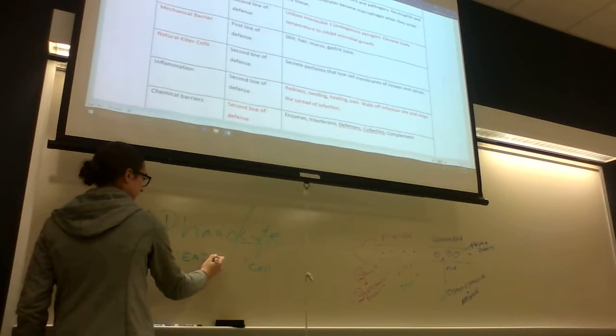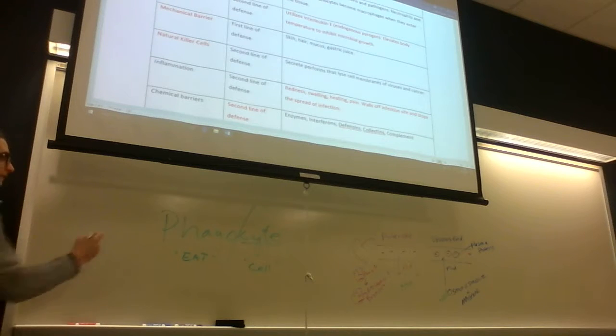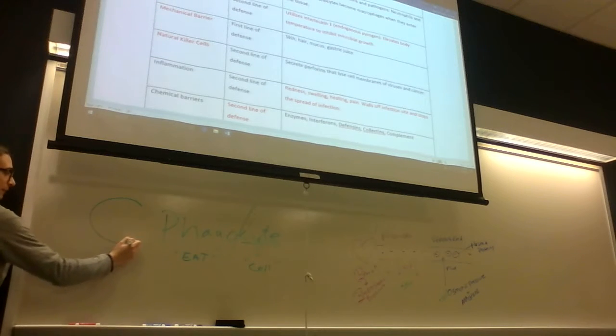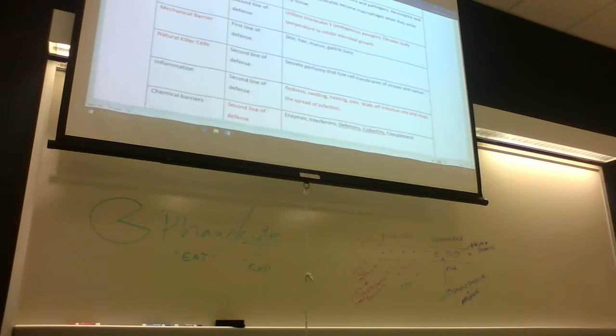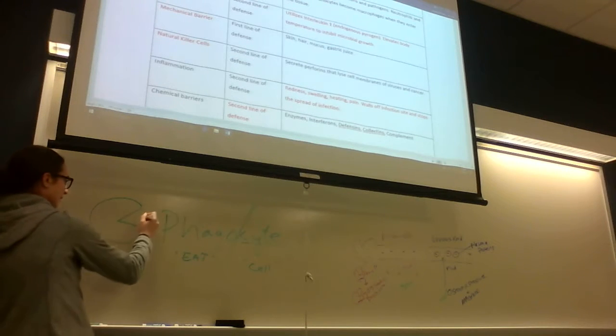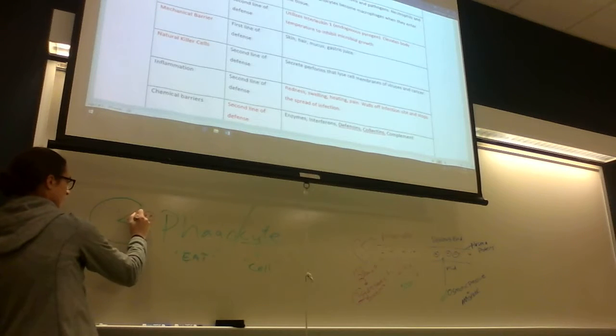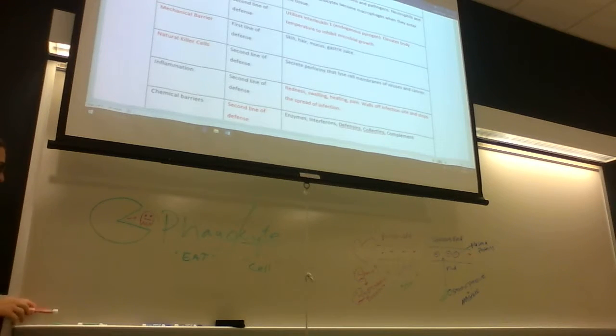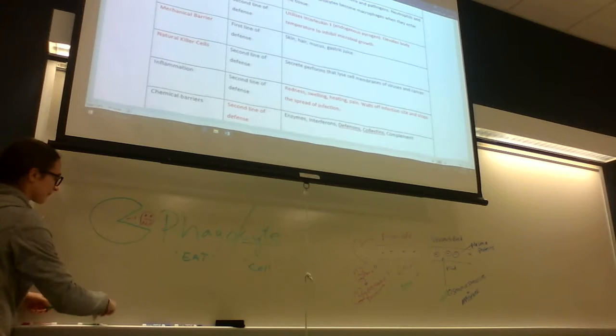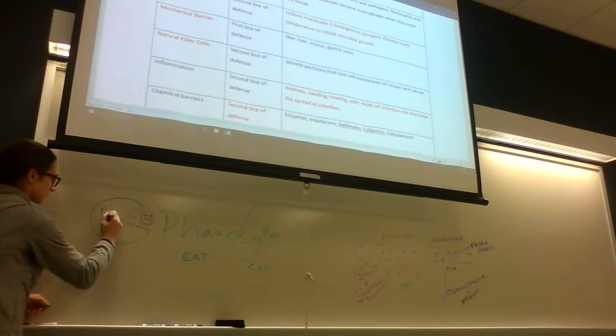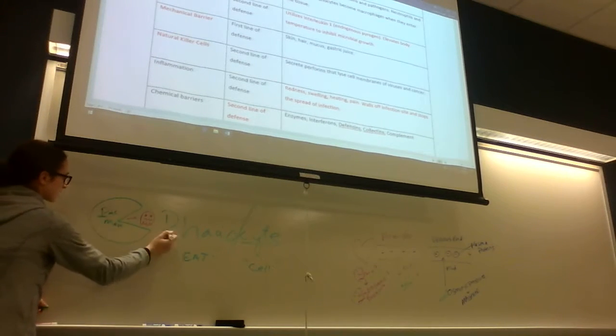Phago means to eat. So whenever I think of a phagocyte, I think of Pac-Man. And whenever I draw pathogens, they're going to be little ghosts. So your phagocyte is like Pac-Man. I guess the P's kind of help with that.